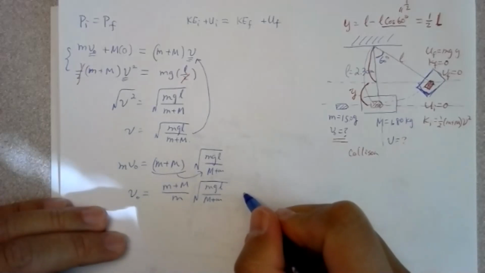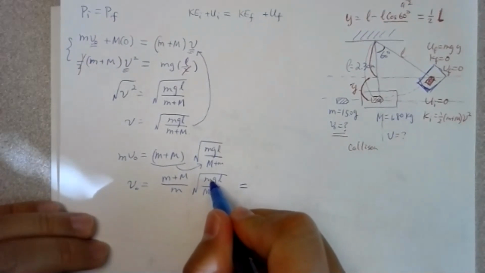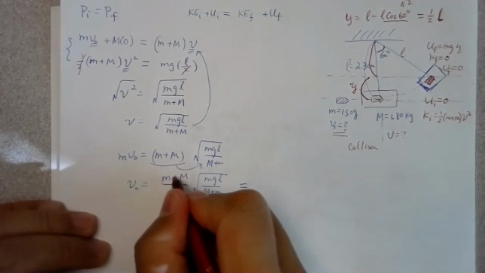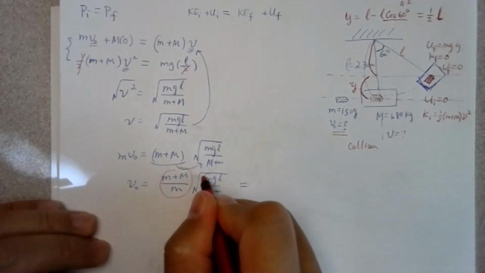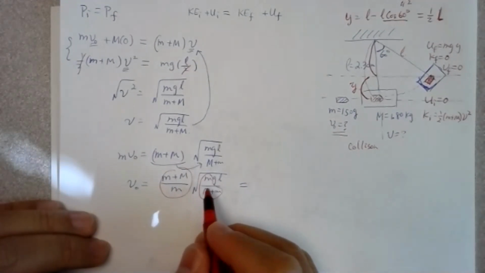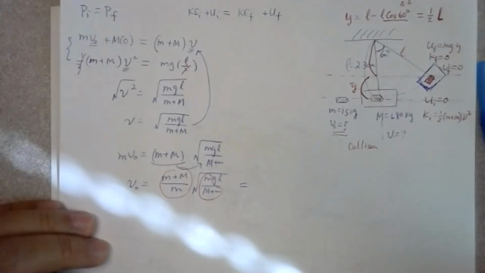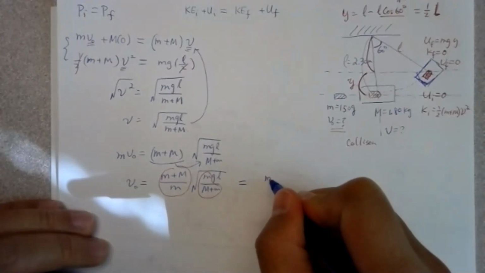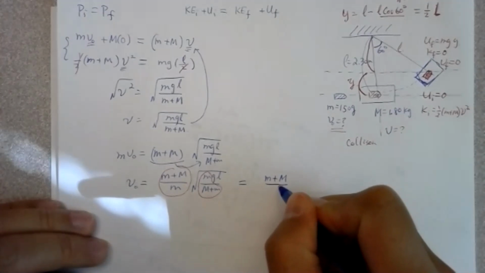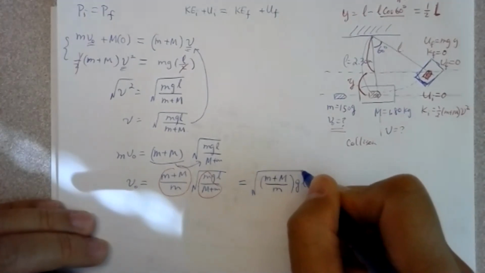You can see this part over here is outside the square root, and this part is inside the square root. This is the inverse of this guy, right? So when you take this into the square root, it becomes small m plus capital M divided by small m, times G times L, and then the whole thing under the square root.